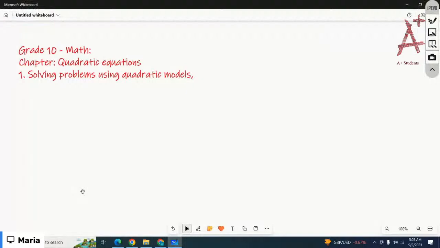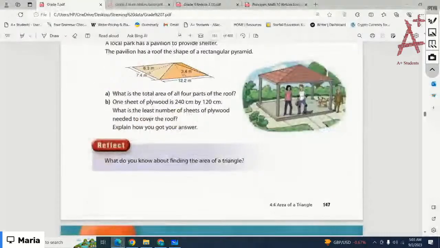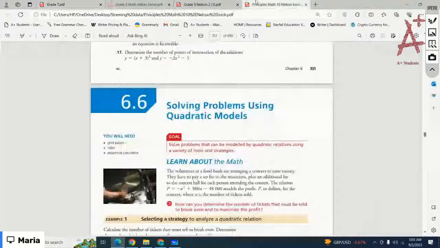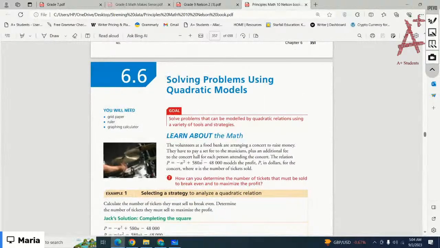The lesson we're going to cover today is 6.6, solving problems using quadratic models. So let's just start with the lesson.